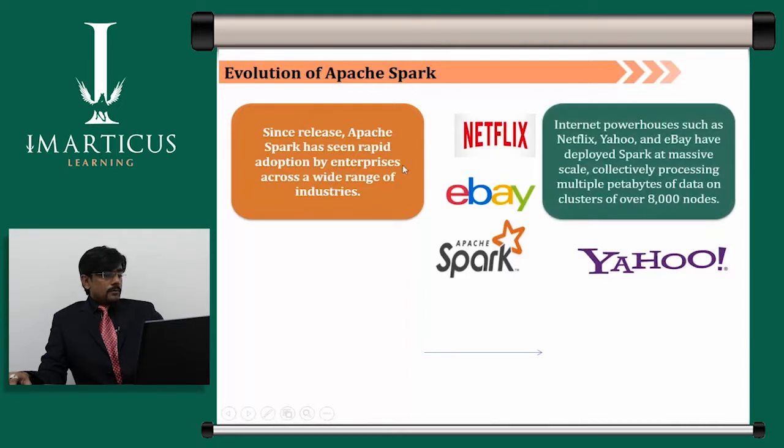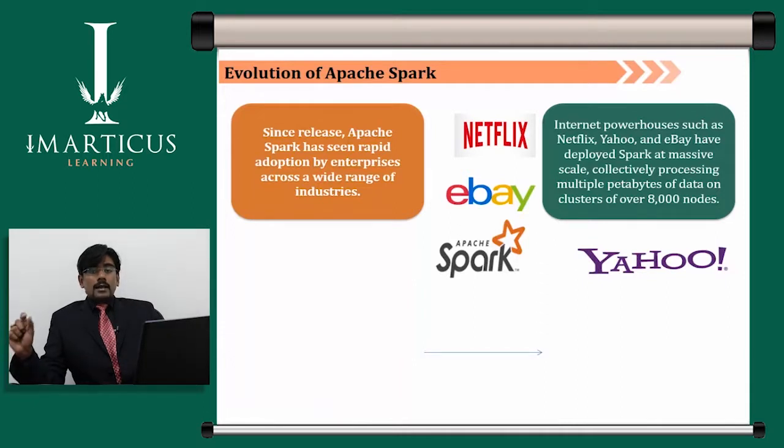A couple of big names among enterprise customers, like Netflix, Yahoo, and eBay, have deployed Spark at massive scale to get very fast computing and analytical power, collectively processing multiple petabytes of data on a cluster of over 8,000 nodes.